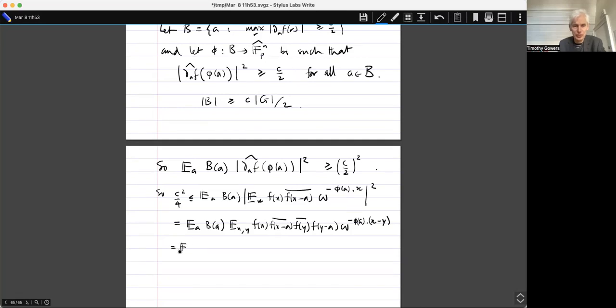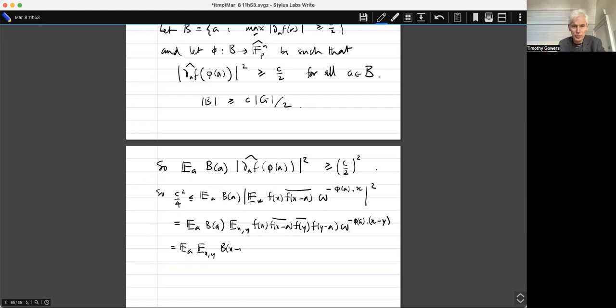So that's the average over a. And I've got to be a little bit careful. So what is a now? If I'm calling this y, then this old a is x minus y. So let's put the x, y over here to be completely safe.